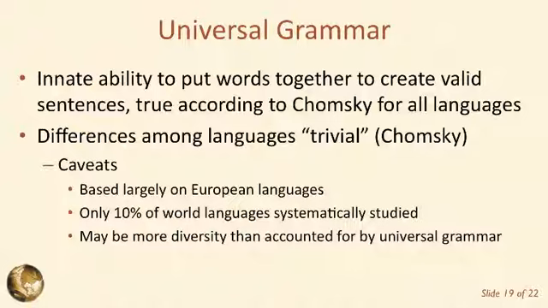We know that there are 6,000, maybe even 7,000 languages out there. Only about 10% of those languages have been studied systematically. So how can we say, as Chomsky does, that there are universal rules, that there's kind of a deep structure for all languages, when you haven't really analyzed all the languages that are out there?